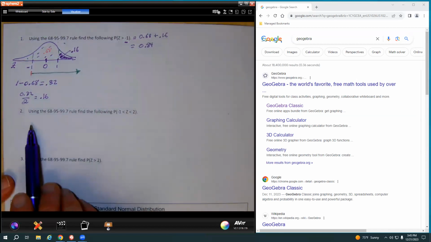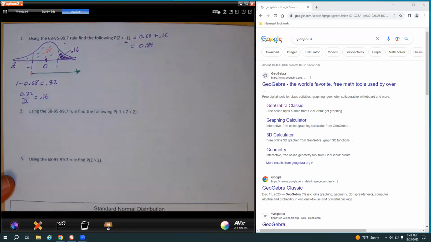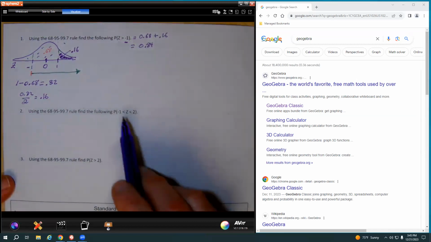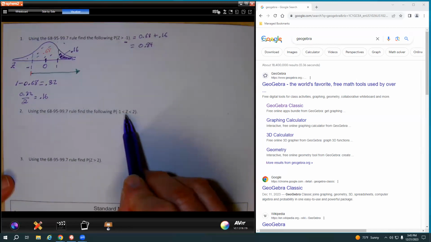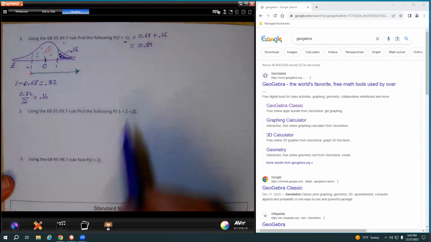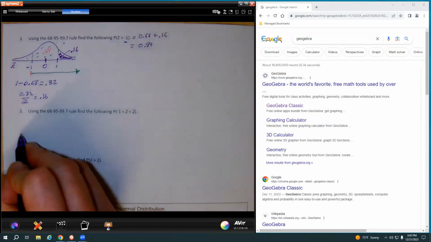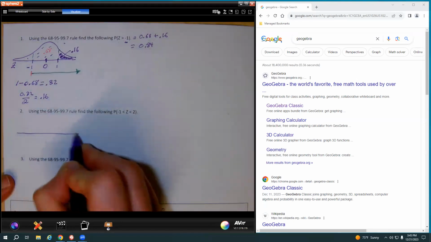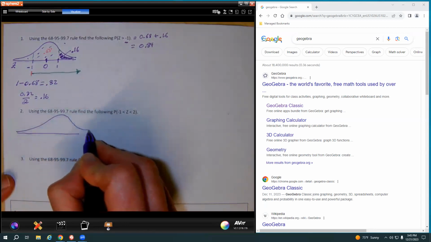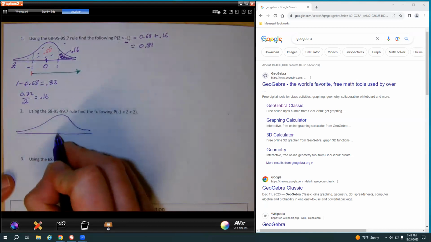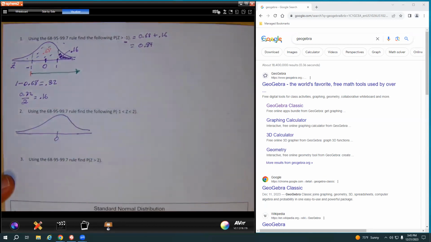All right, so let's try another one. Using the 68, 95, 99.7 rule, find the probability for z-scores from -1 all the way to 2. So again, I'm going to draw a picture. I'll draw my normal curve. I'm going to put my 0 again, right smack in the middle.